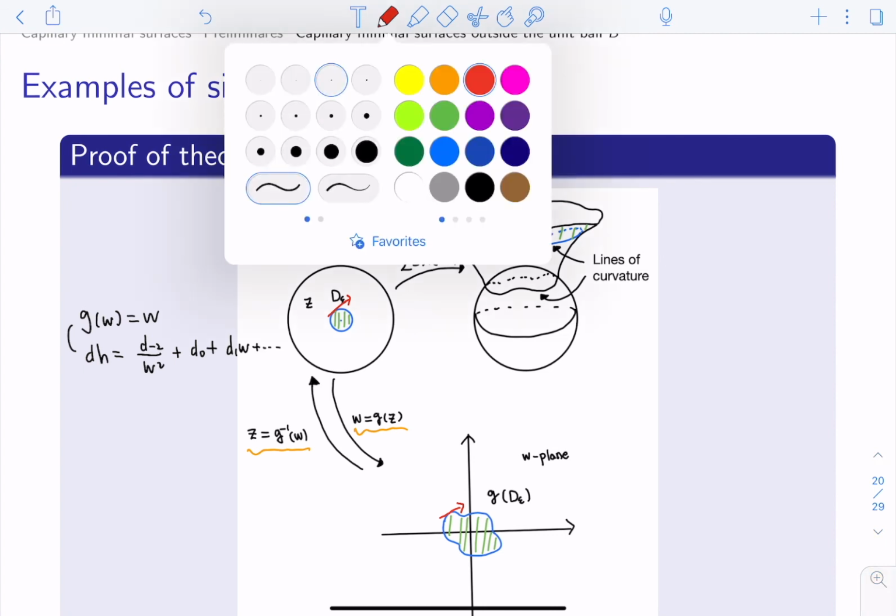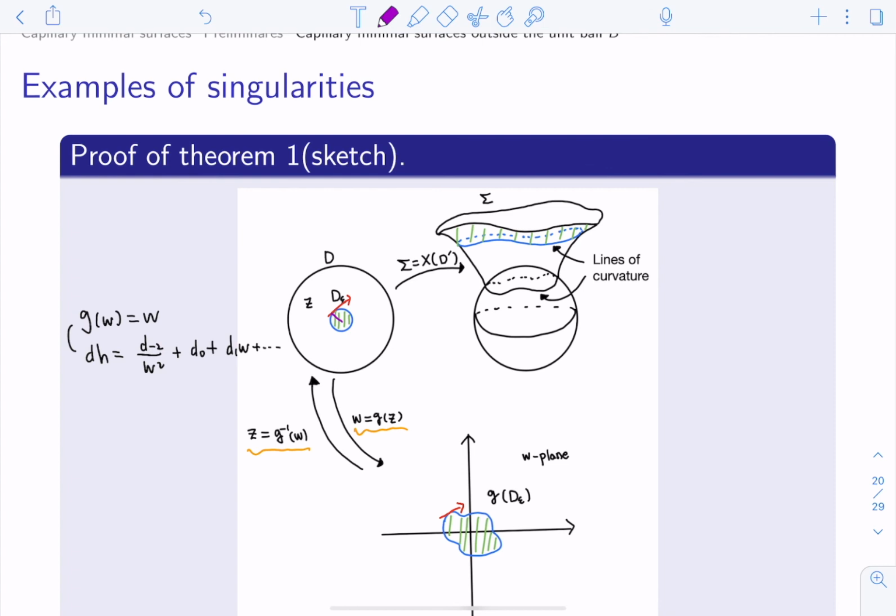It's always orthogonal to the position vector here, but it's not like that here. So we have to be very careful.